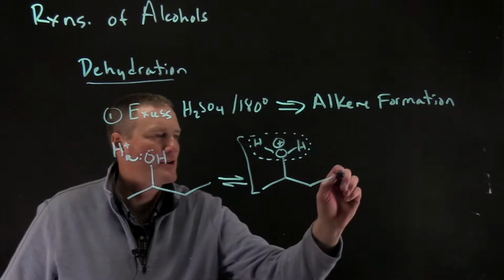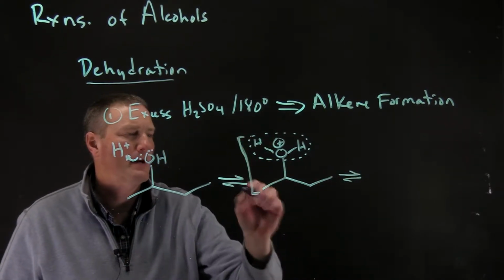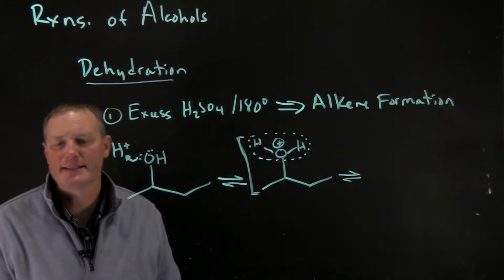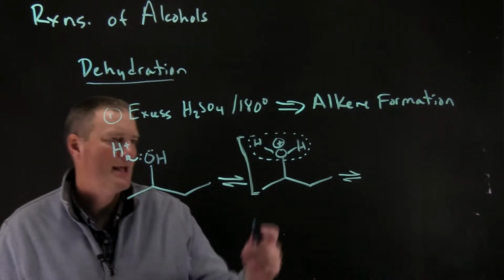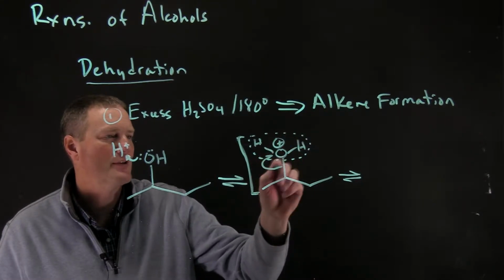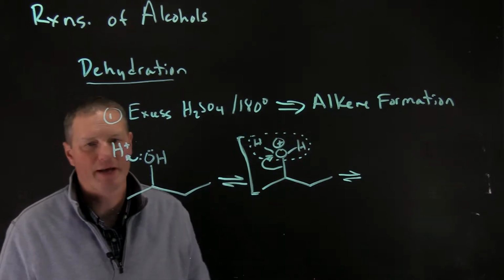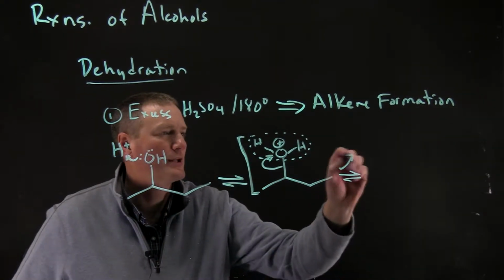So in another reversible step, and I've put this in a bracket here because this is a fairly unstable, sort of short-lived intermediate. But if this water basically just falls off of the molecule, if the two electrons in the O carbon bond simply pull away to quench that positive charge, we would then release water.